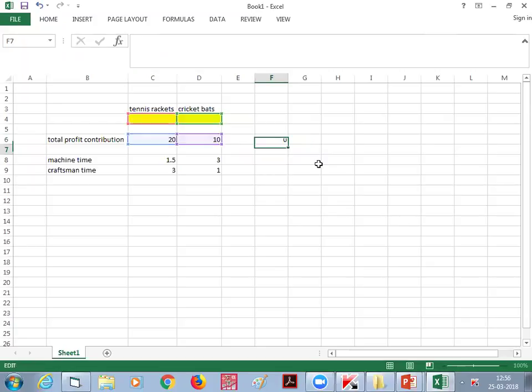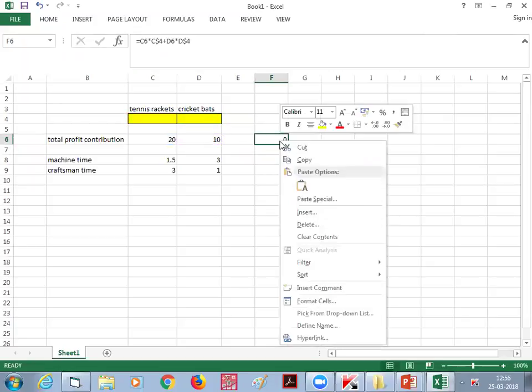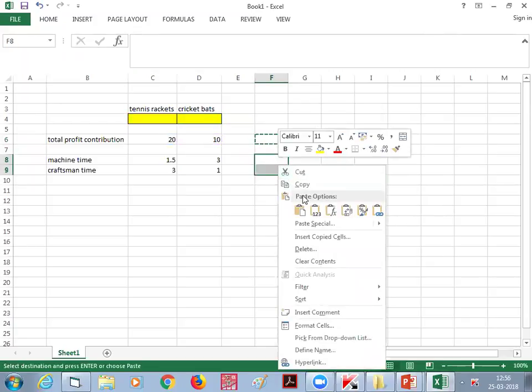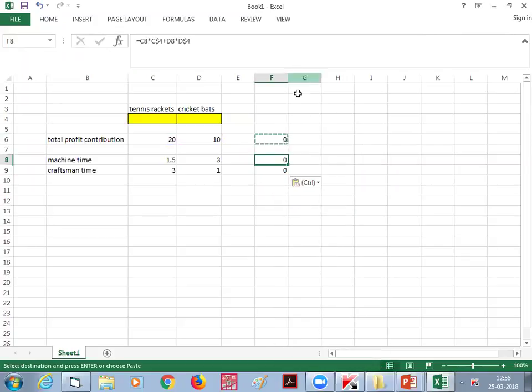Now, why do I want to copy it down? Because all of them are of similar form. So when I copy it here, these become 1.5 into x1 plus 3 into x2, and this one is 3x1 plus 1 into x2.